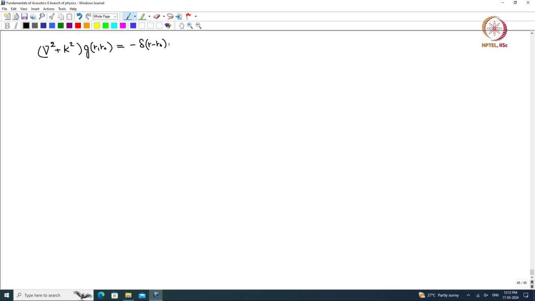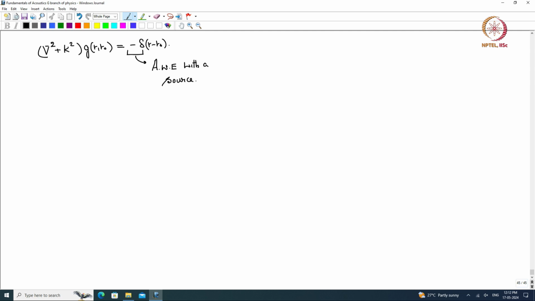This negative, if you recall, comes from when we derived the acoustic wave equation with a volume velocity source. That's where the minus comes from.